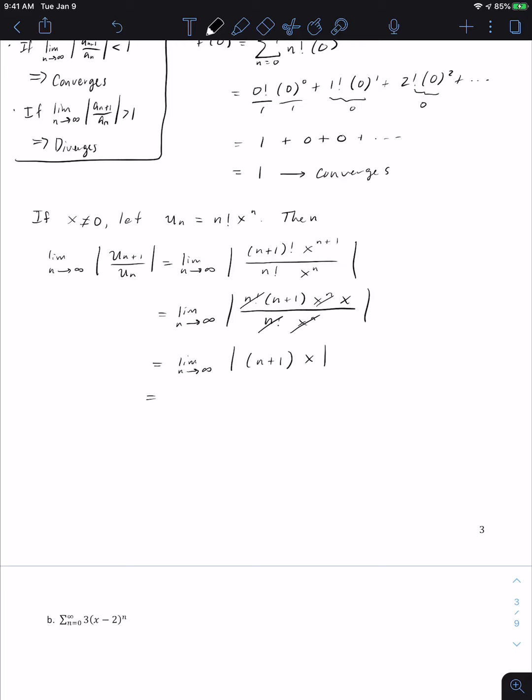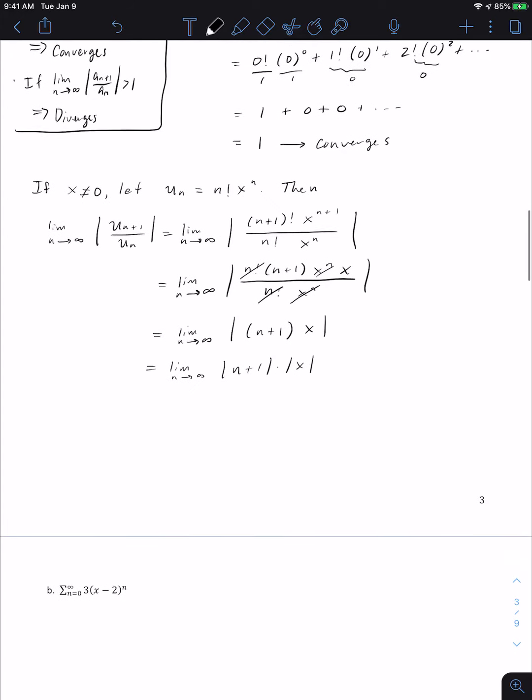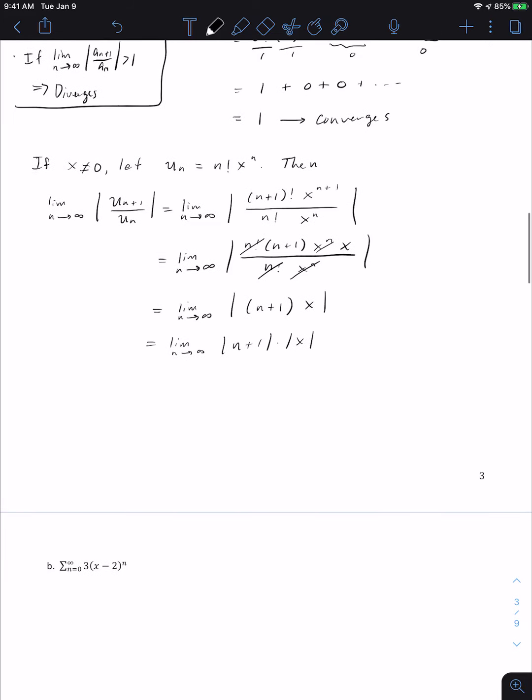So now what I can do is factor out the absolute value of x. Since this is the first time we're doing it, let's rewrite this. This is really n plus 1, because I can lose the absolute value around n plus 1, but let's keep it just so we realize what's going on, times the absolute value of x. That's just properties of absolute value; I can always distribute the absolute value.